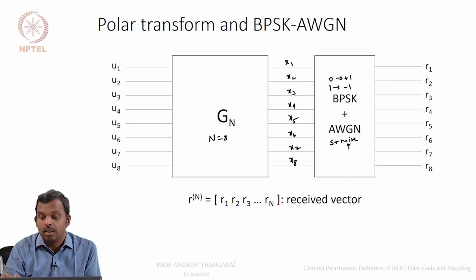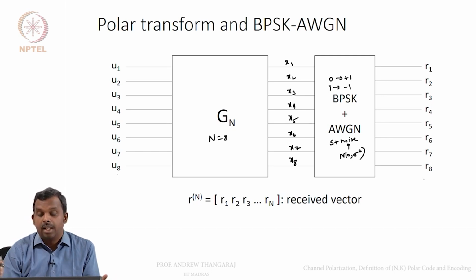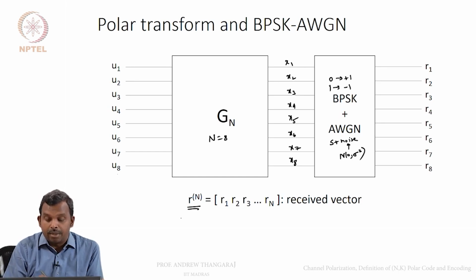So noise is normal with mean 0 and variance sigma square, some sigma square. So you create this noise, you get received values. Okay. So this is how a polar transform could potentially be used in the BPSK AWGN channel, and this Rn is the received vector. This is just notation for the received vector.